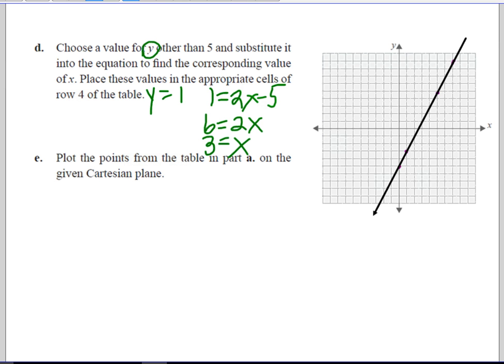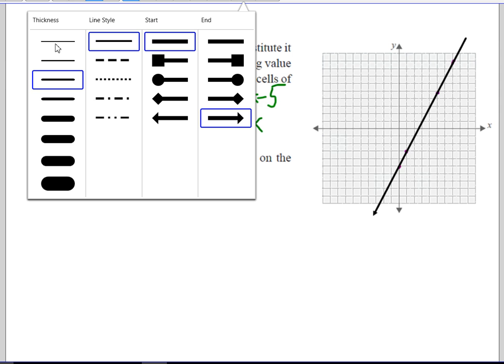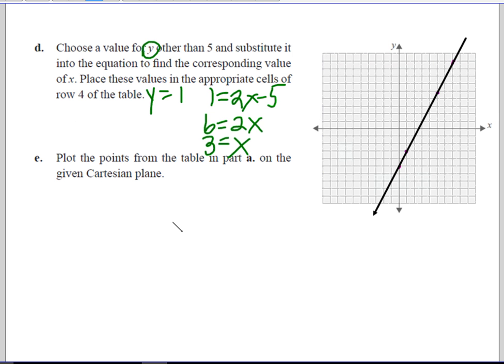And so that shows us, let me try and get it skinnier so you can still see our points. Oh, it didn't change, that's okay. But we had our points on there. Here, here, here, and here. And then arrows get drawn on either side to show that that line can continue on forever.